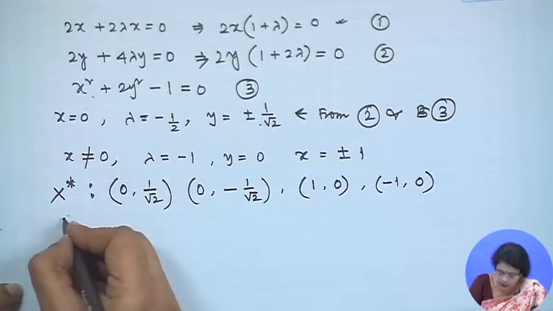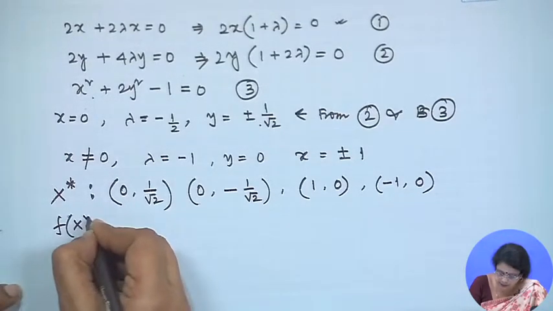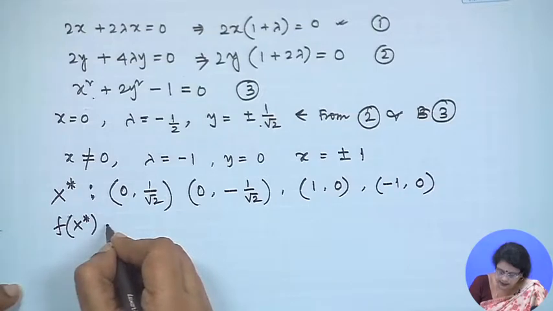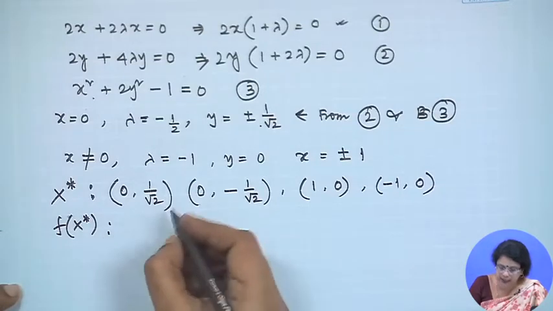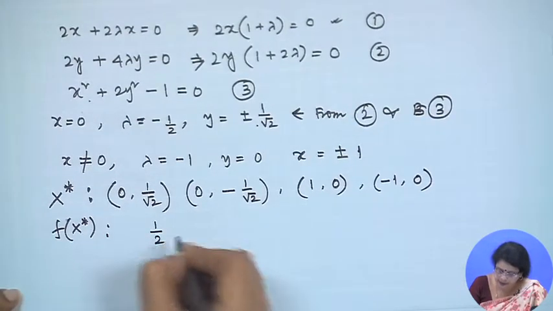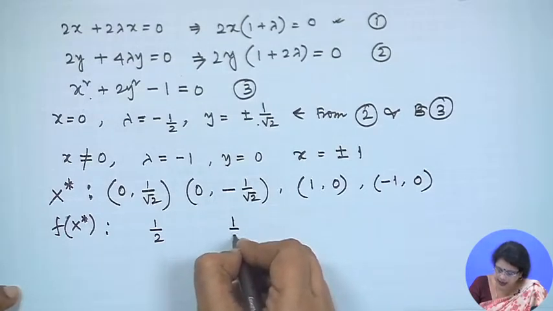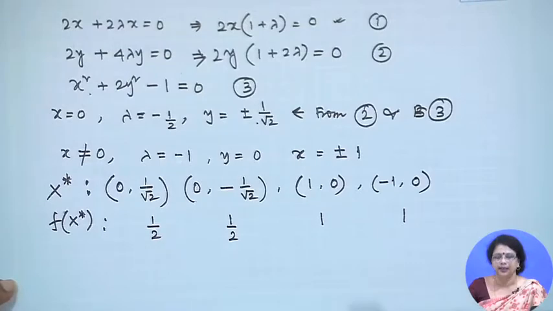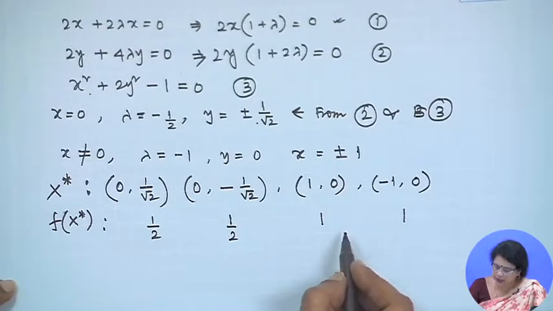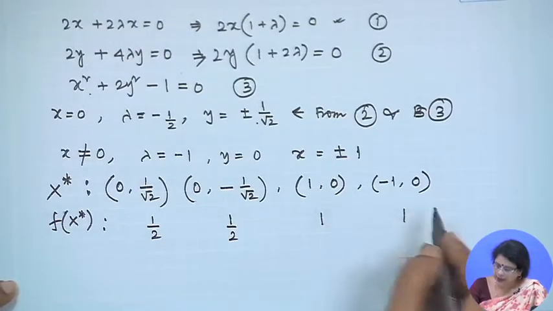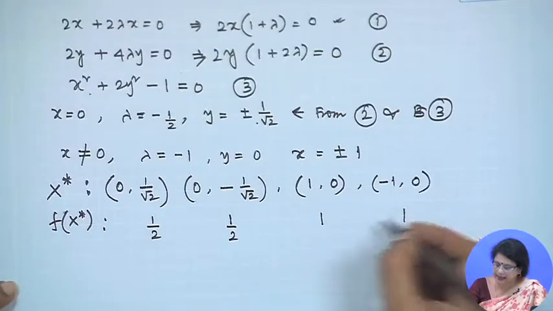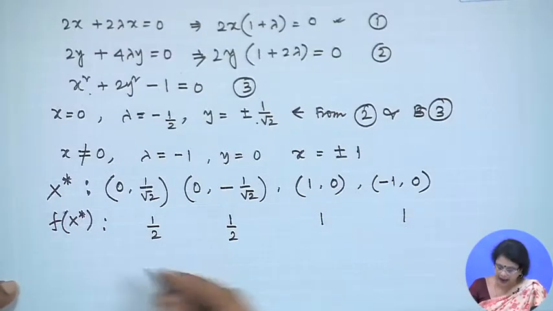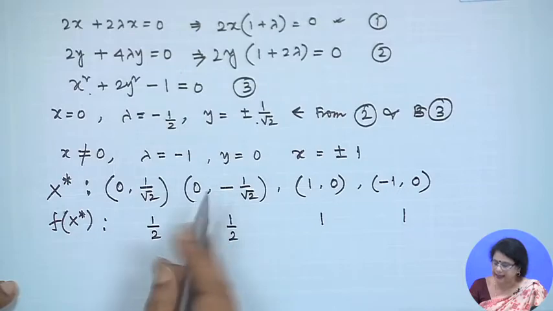Now, what are the corresponding objective functions here? If we just calculate, the objective function would be half at this point, this is again half, this is again 1 and 1. Alright. Then, by looking at the values, you could see that (1, 0) and (minus 1, 0) give the maximum values, and half gives the minimum values.